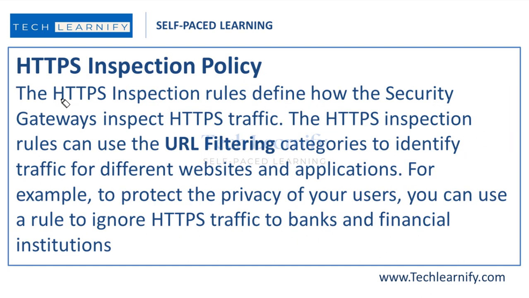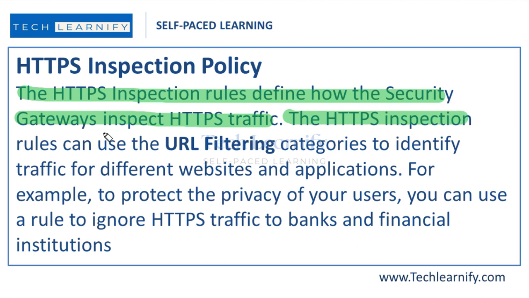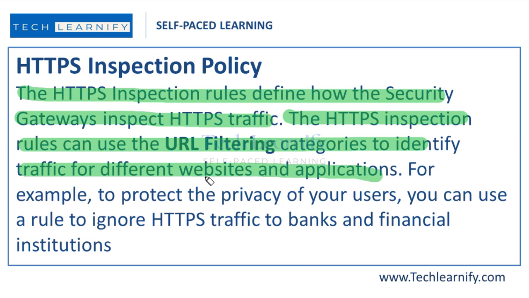Now the HTTPS inspection policy. HTTPS inspection rules define how the security gateways inspect HTTPS traffic. The rules can use URL filtering categories to identify traffic for different websites and applications. As I mentioned, if we want to create a bypass policy, meaning not to decrypt certain URL categories or applications, Checkpoint uses the URL filtering and application control software blades to identify them.